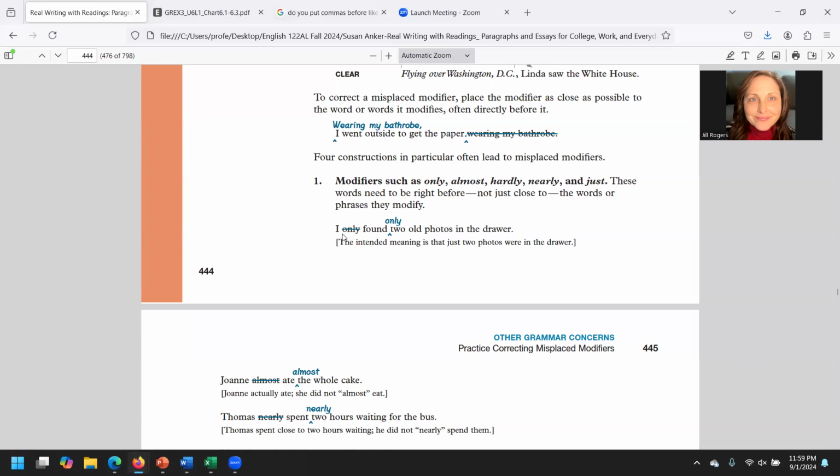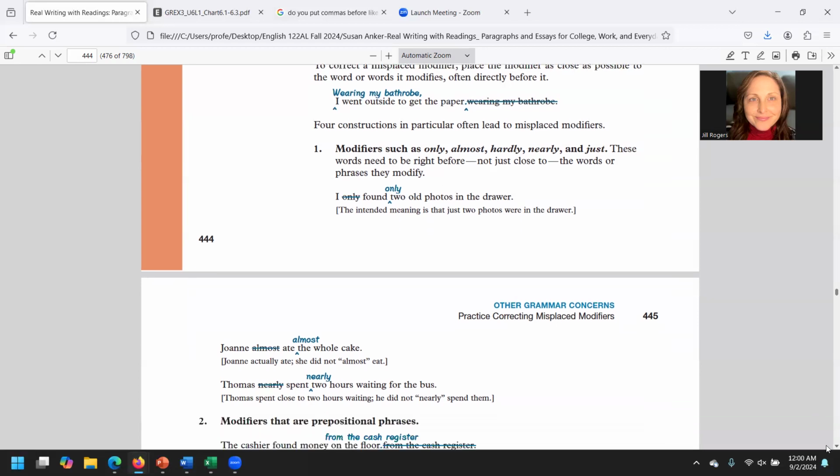It's not "I only found two old photos," it's "I found only two old photos," because we are modifying two old photos. In speaking, most people think it sounds fine, but that's not what you should do. Make sure you put these words right before the thing they are modifying.